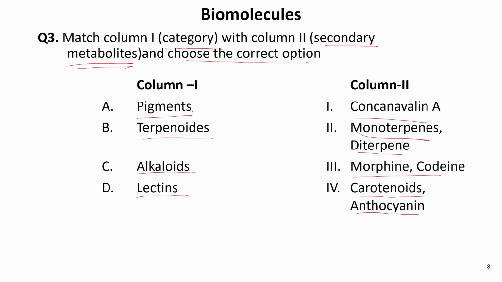So pigments. There are different types of pigments. Chlorophyll is also a type of pigment. And here, carotenoids and anthocyanins are also types of pigments. Terpenoids are monoterpenes and diterpenes. These are the two examples of the terpenoids. Alkaloids: morphine and codeine are the two alkaloids.